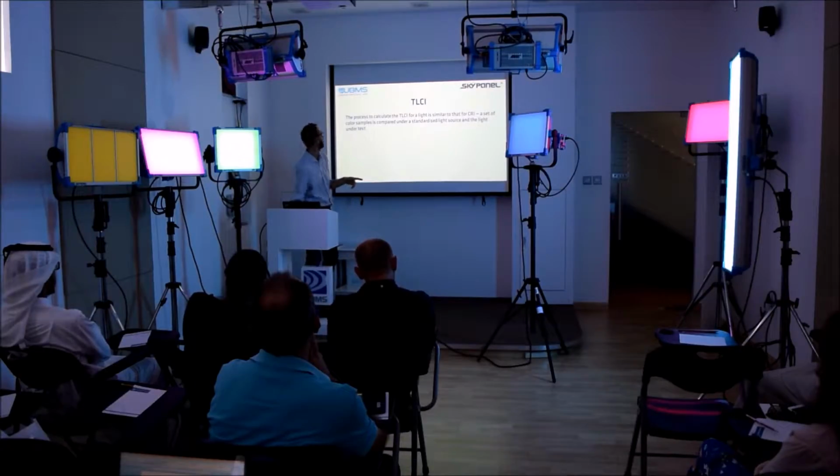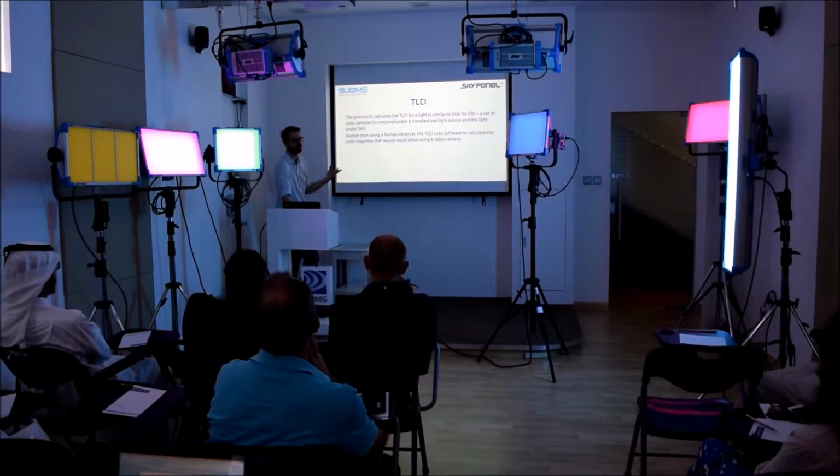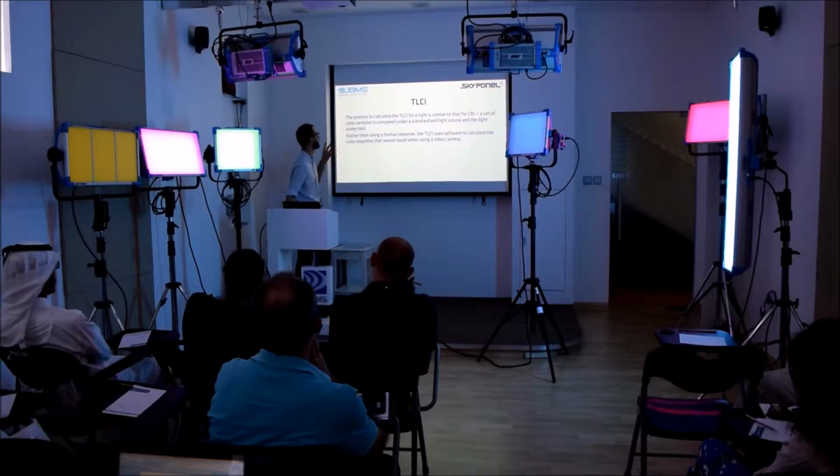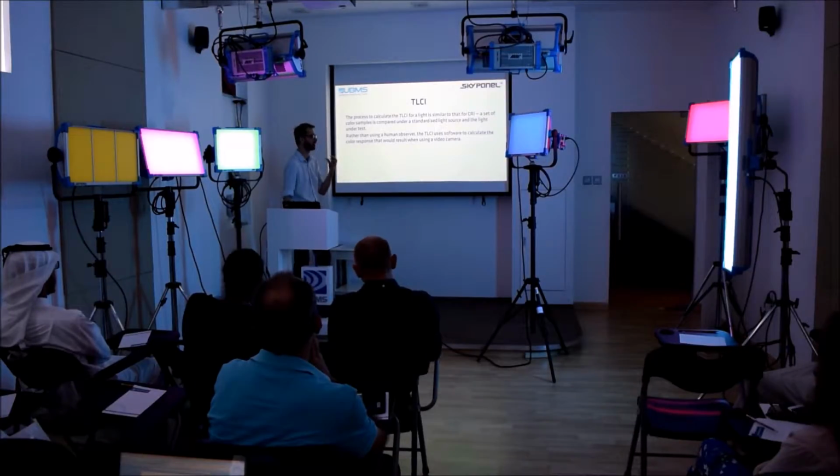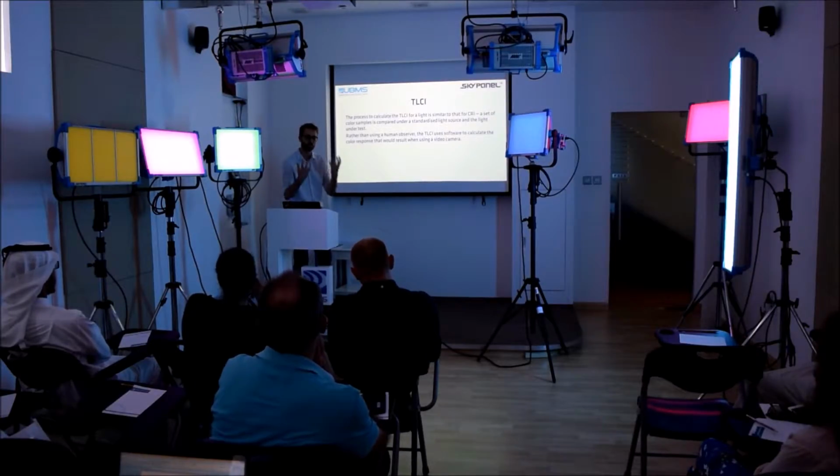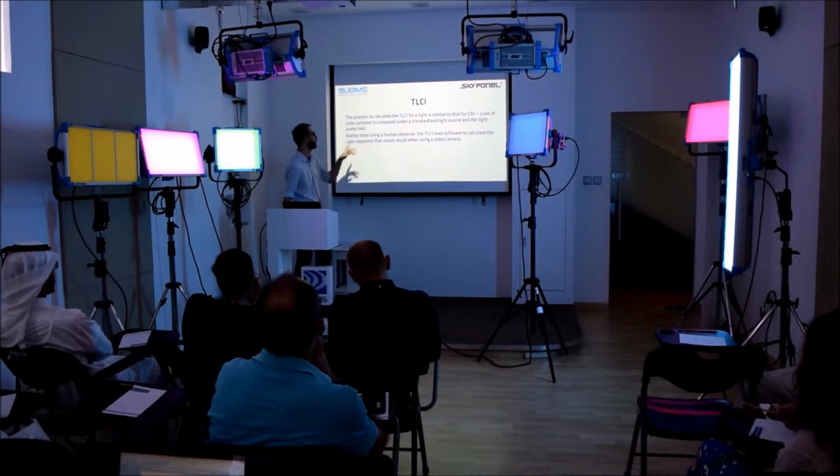But the key difference is, I don't want to make it sound like our eyesight is bad or there's anything wrong with it, but it's subjective, it's not objective. So rather than using a human observer or what the comparison looks like to our own eyes, we use a camera basically and software to calculate the differences.